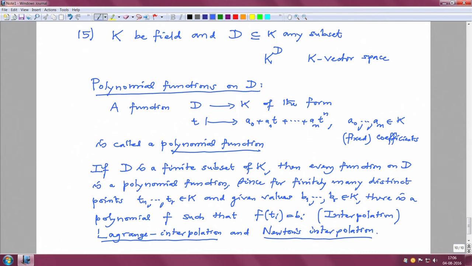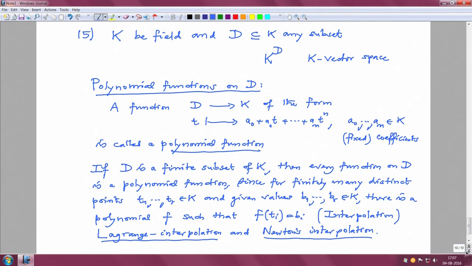I will write more about this either in the supplement or in an assignment. I just want to recall that both of these also involve derivatives. Okay.